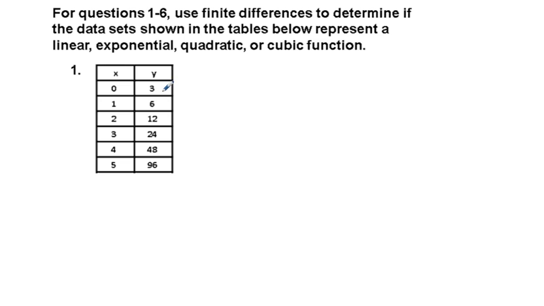Well, the first thing I'm going to do, just out of habit, is evaluate, just kind of looking at this. If we add, we have 6 minus 3 plus 3, 12 minus 6 plus 6.